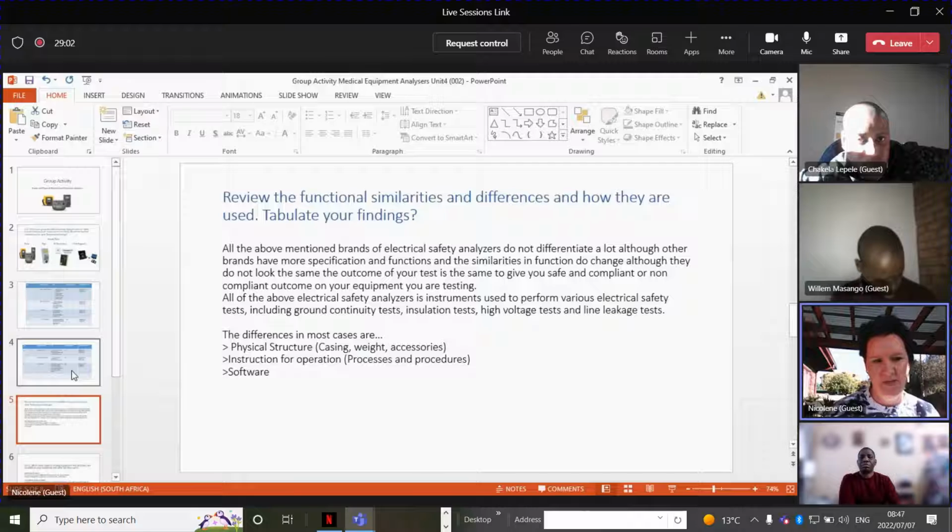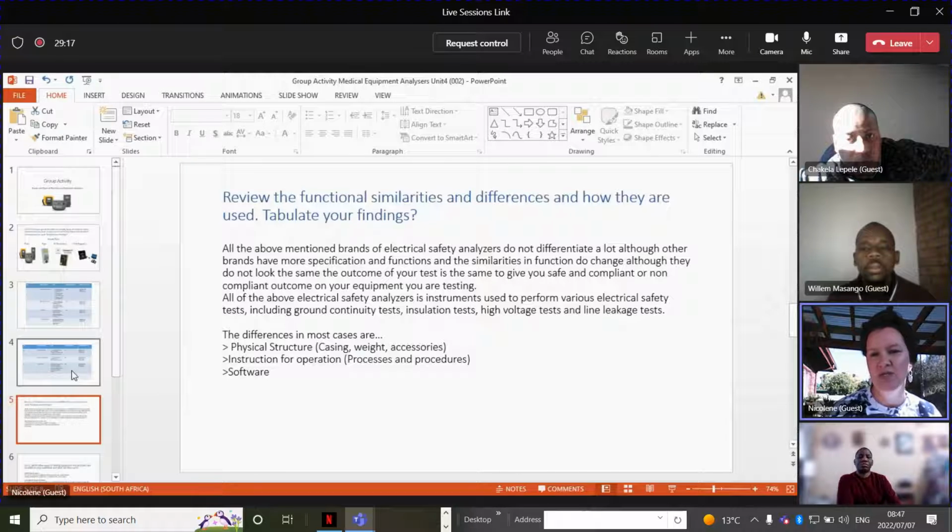Tabulate your findings. All the above mentioned brands of electric safety analyzers do differ a lot, although other brands have more specifications and functions, and the similarities of functions do change.